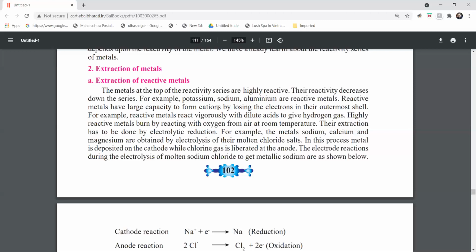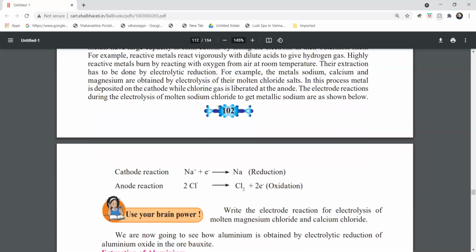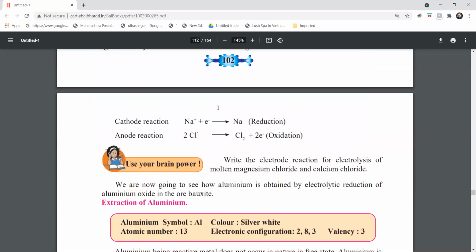In order to get these metals separate from their chlorides, we conduct electrolysis of their molten form, in which the metal gets deposited on the cathode, and chlorine gas is liberated. So the reactions are very simple. We see that sodium ion gains an electron and becomes sodium, and chloride loses an electron and gets oxidized.